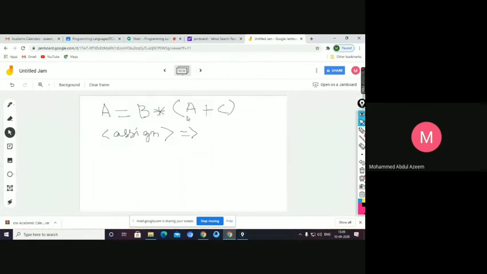When I am deriving a statement using the grammar, I will be using a double line here. So the assignment statement is derived, I'm saying derived instead of defined, with ID equal to expression.